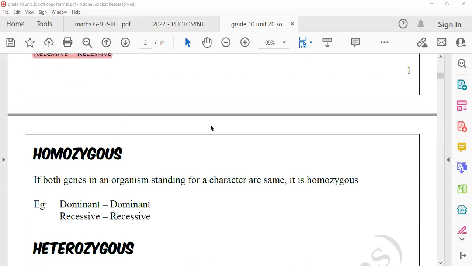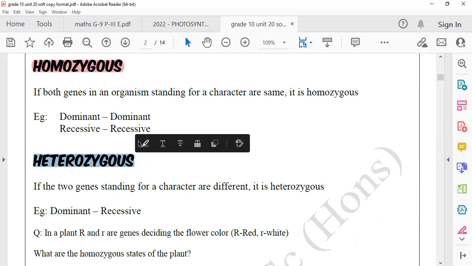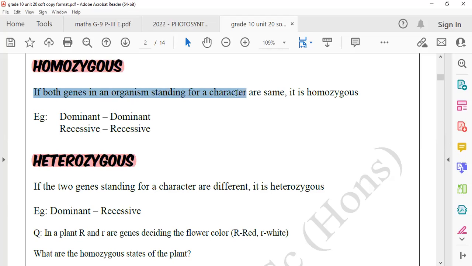Now, in organisms we find two types of conditions. One we call homozygous. What is homozygous? Read this one.